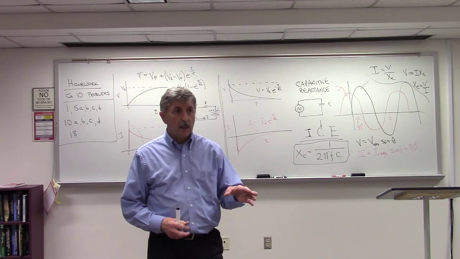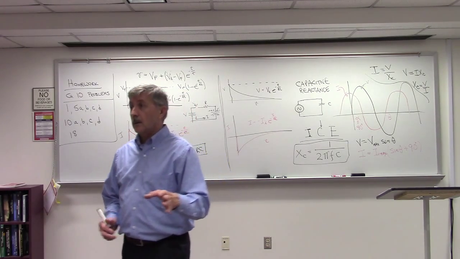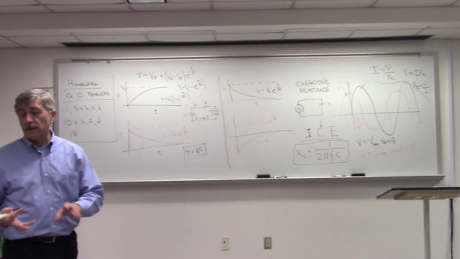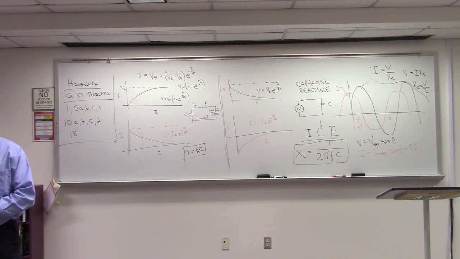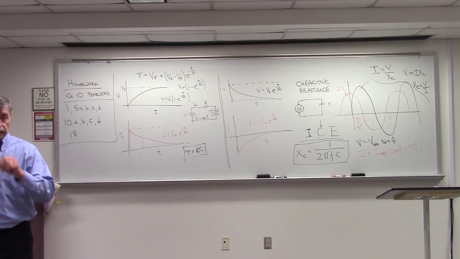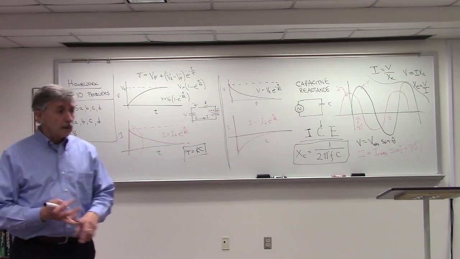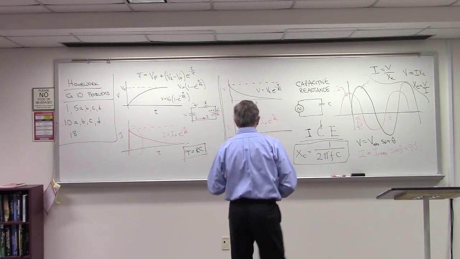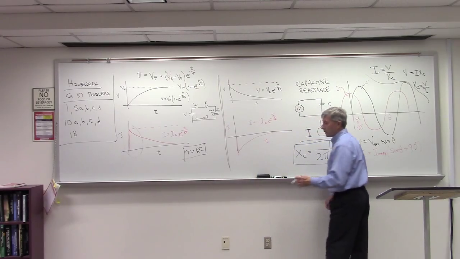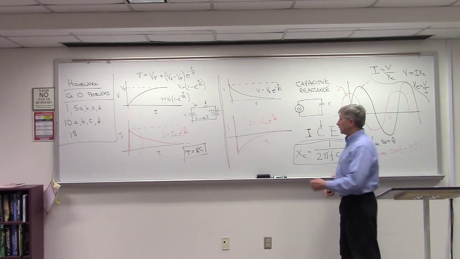Real quick, because the analysis of RC circuits and RL circuits and RLC circuits is done using vectors. And a vector is nothing more than a parameter that has both magnitude and direction.